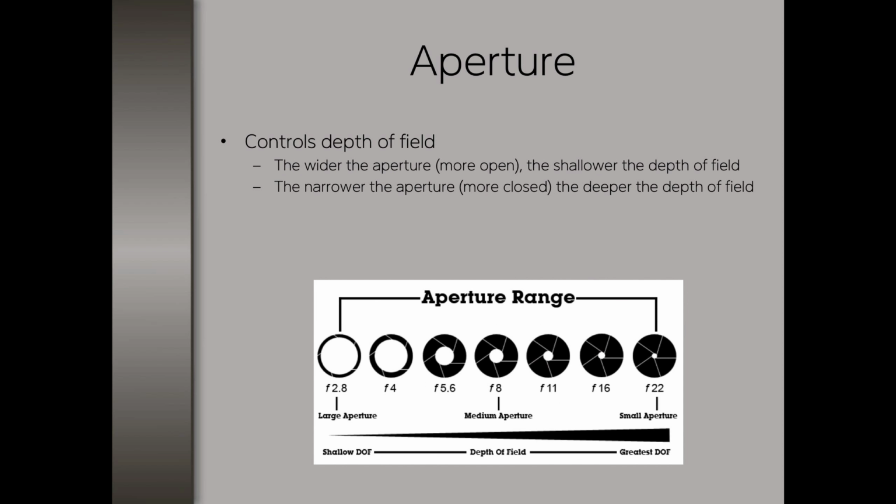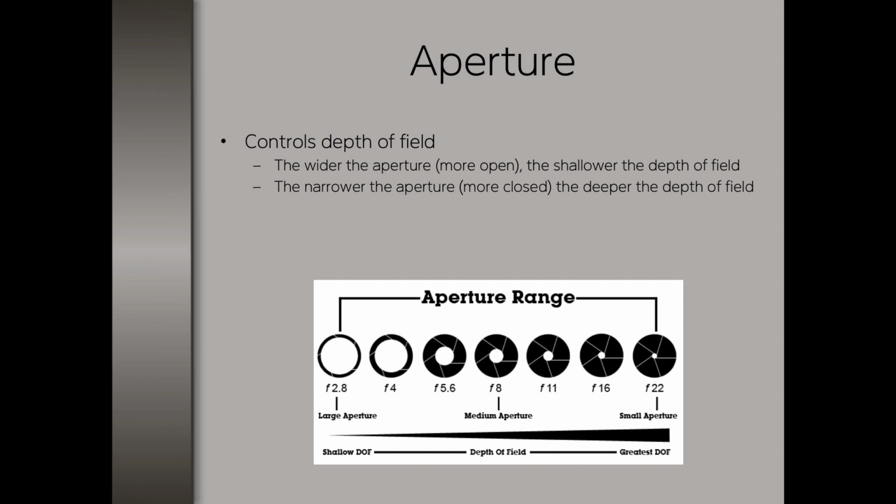So how aperture controls the depth of field. So the wider the aperture, the more open, so f/2.8, the shallower the depth of field. And when I say shallower depth of field, that means the narrower parts of the image that are in focus.